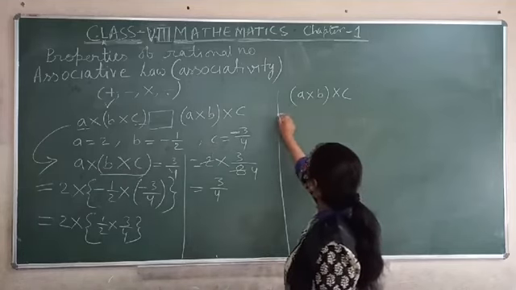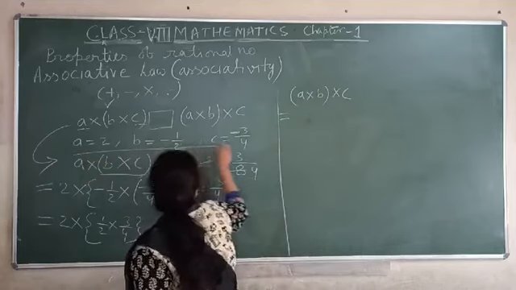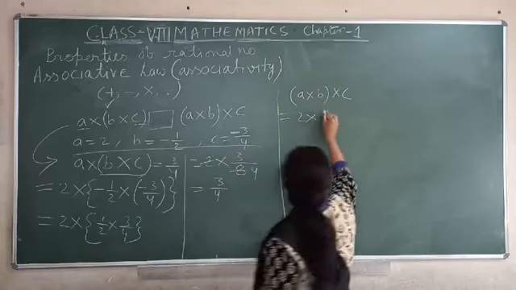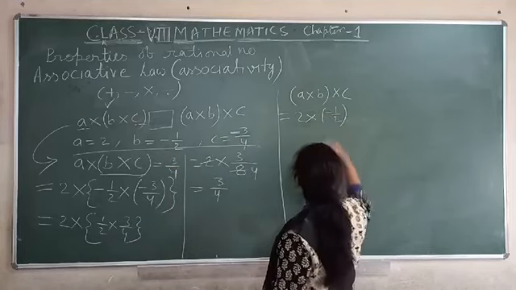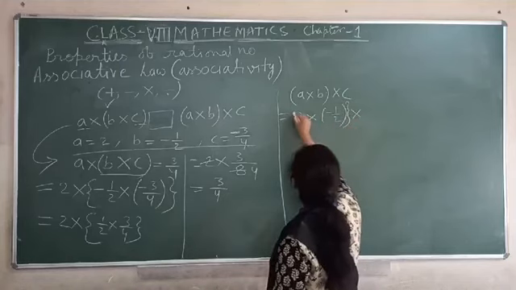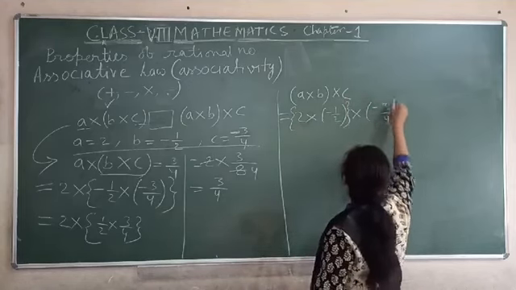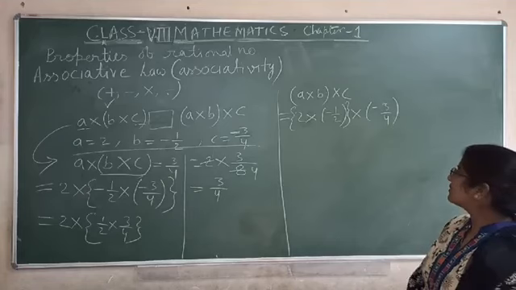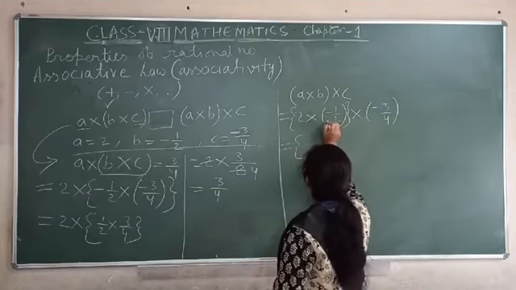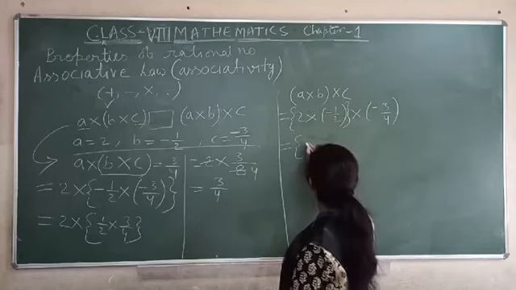Now we will check for this one. What is the value of A? Value of A is 2 into value of B, minus 1 by 2. Okay. And within bracket this one and C. Here plus sign into minus sign, plus into minus, you know, is minus.